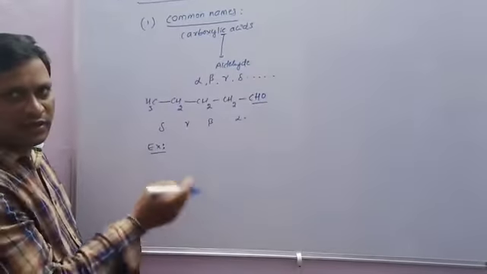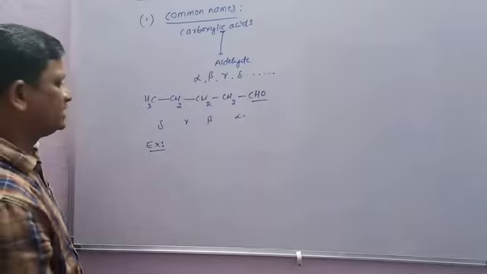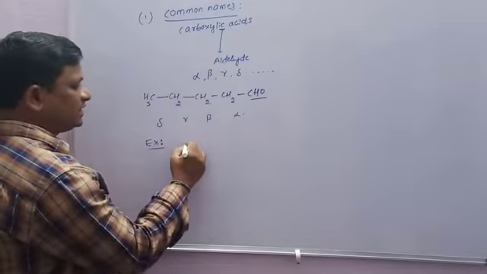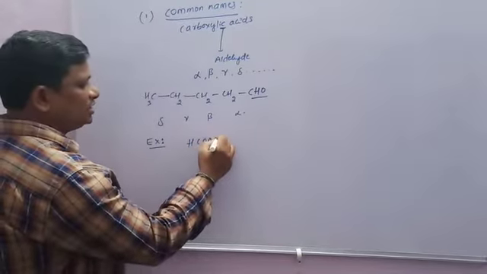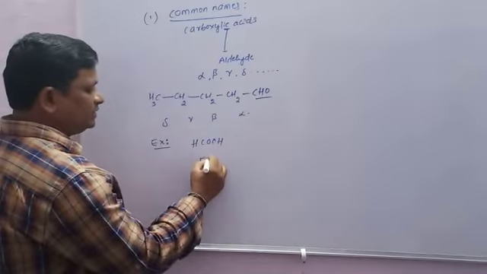Generally, aldehydes are derived from the carboxylic acids. The first one is HCOOH, formic acid.